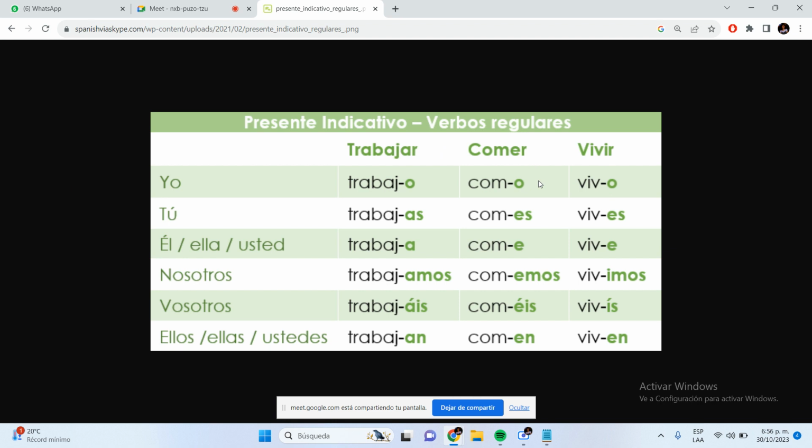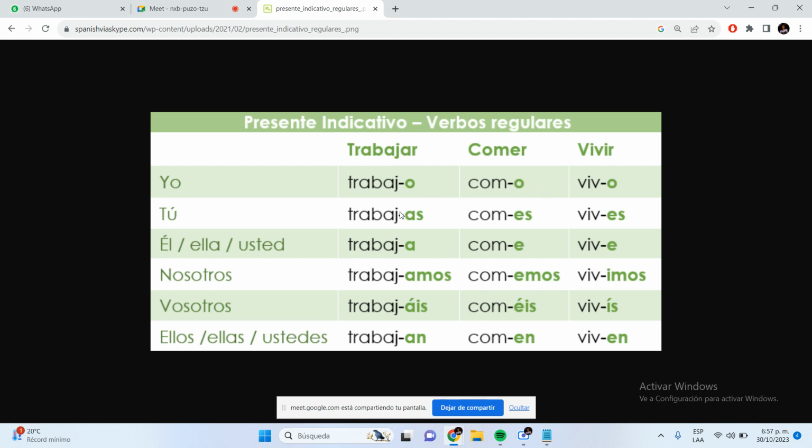So it's going to be I work, yo trabajo, or just trabajo. It's the same with soy and estoy. If you say soy, I know you're saying I am. You don't have to necessarily use yo. So it's trabajo, como, vivo.